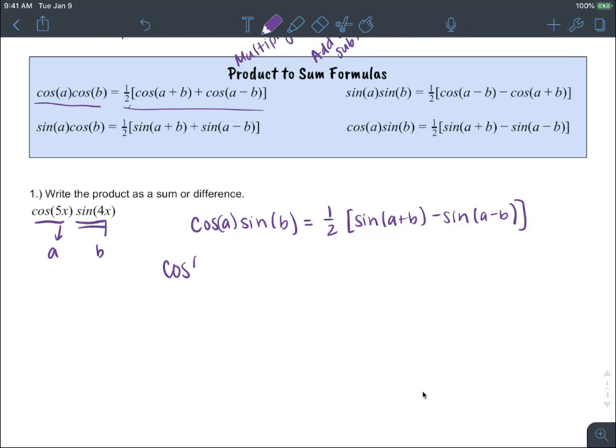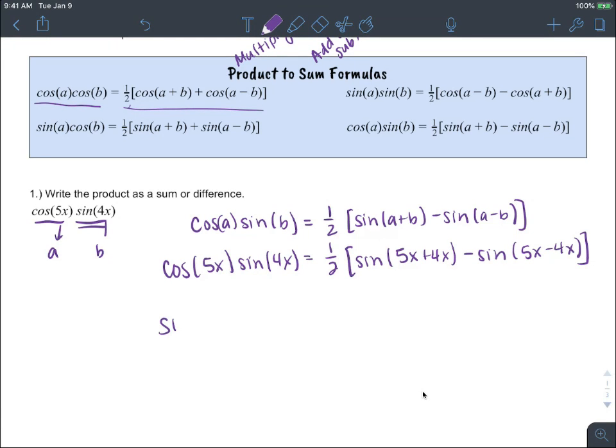The cosine of 5x times the sine of 4x is equal to 1/2 times the sine of A, which is 5x plus 4x, minus the sine of 5x minus 4x.